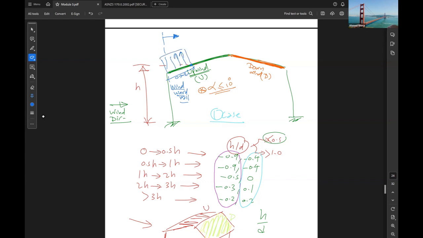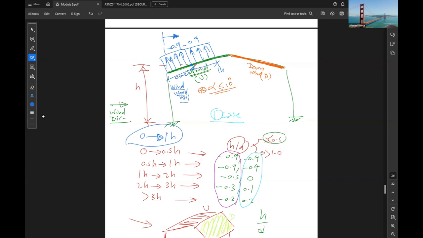Negative means suction, so this will be the factor, negative 0.9. From 0.5 H to 1 H, it is again negative 0.9. So this means from 0 to 1 H it is the same value for our case, but for other cases it may be different. That's why they put it in the table like that.